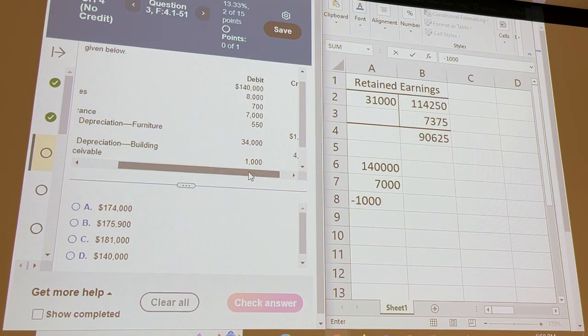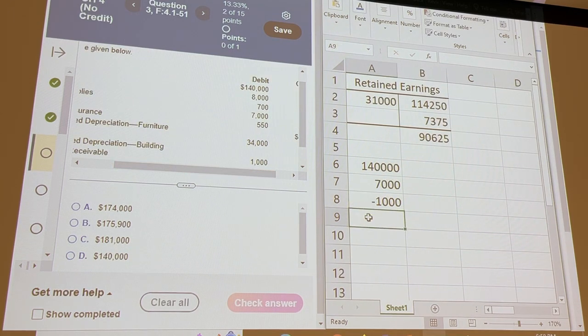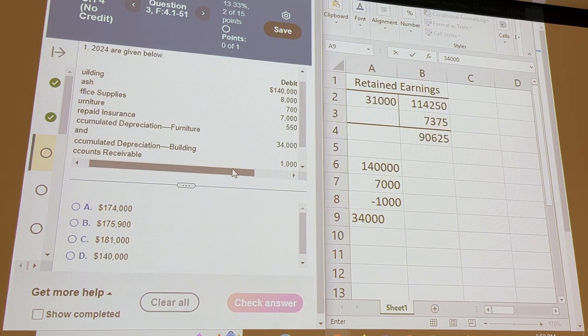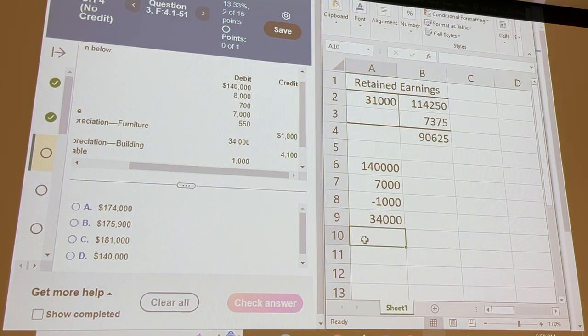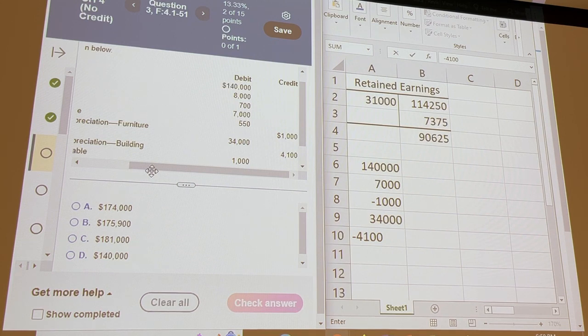And then the land is 34,000. And then subtract the accumulated depreciation on the building, 4,100. Pretty good.